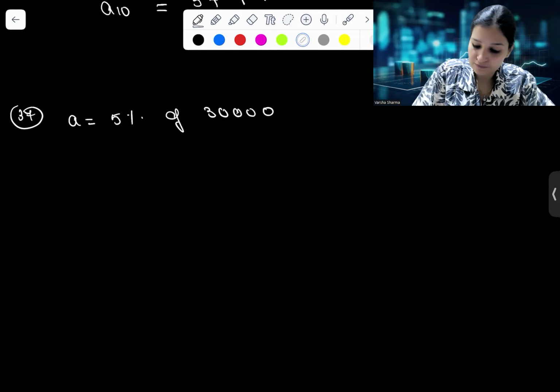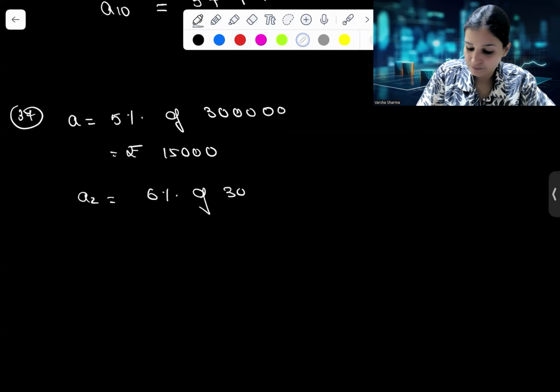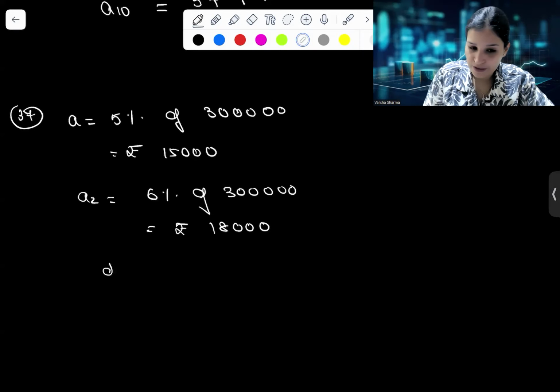Answer. 15,000. What is the interest for the second year? 6%. So 18,000. Common difference is 3,000.